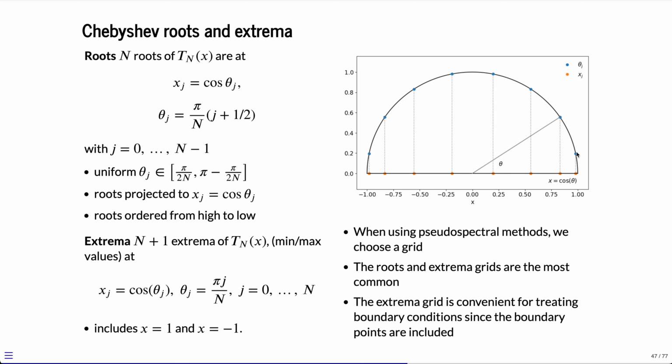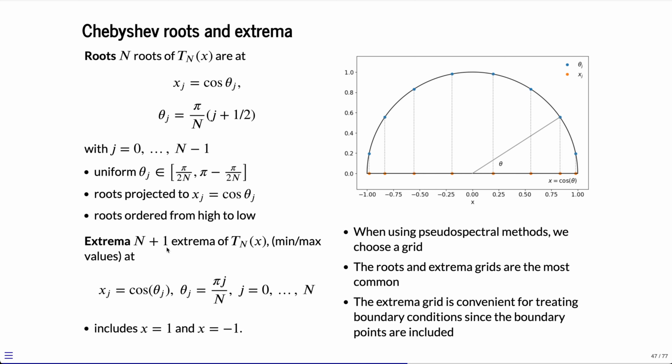So that gives effectively uniformly spaced theta values, except we don't start at 0, we start a little bit higher up. So j plus a half, and then they're uniformly spaced. That's where the roots live, and that's plotted as shown in this figure. And then the x values are just cosine of the thetas. So that's where the roots of that polynomial happen to live.